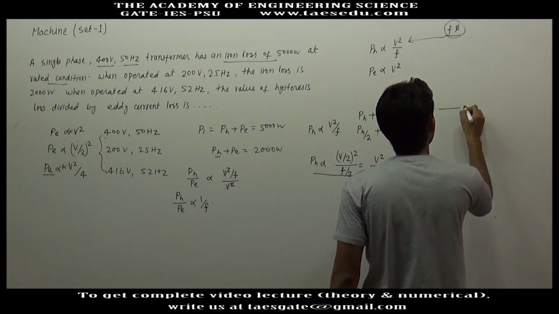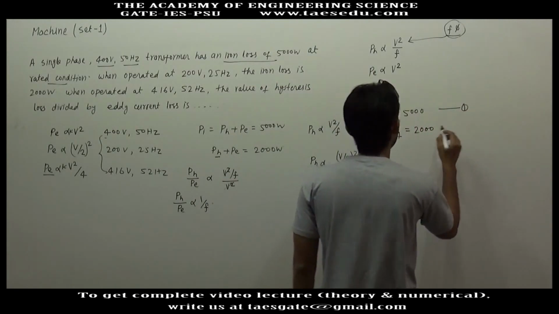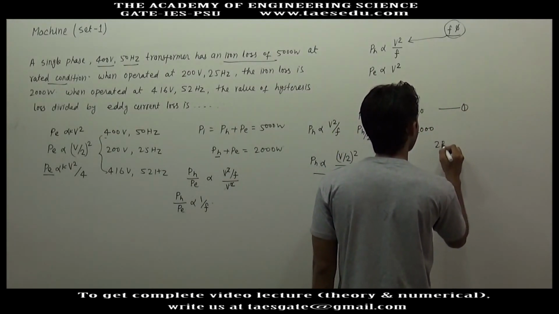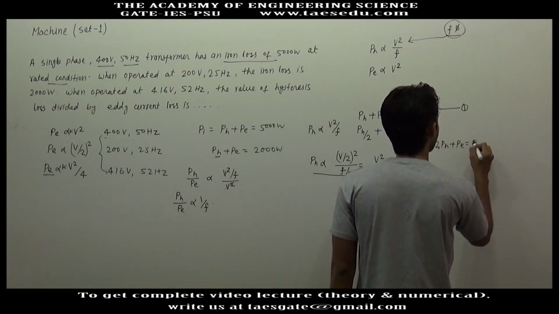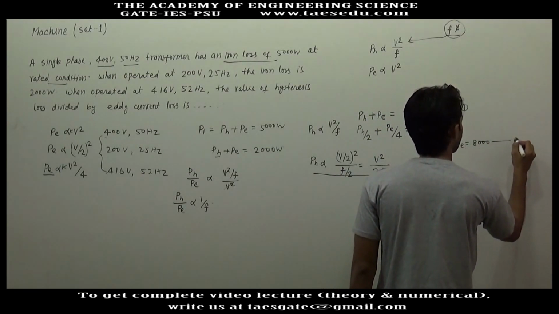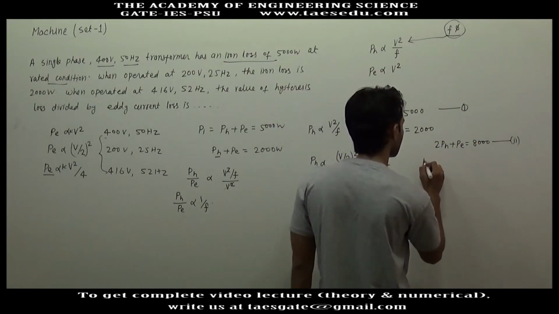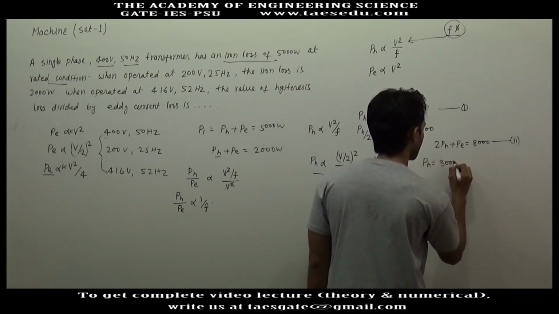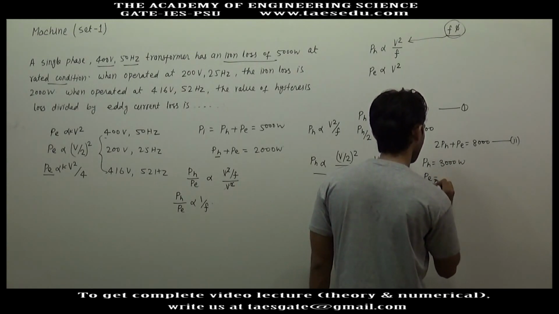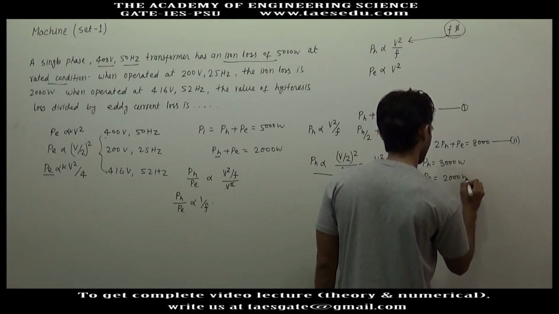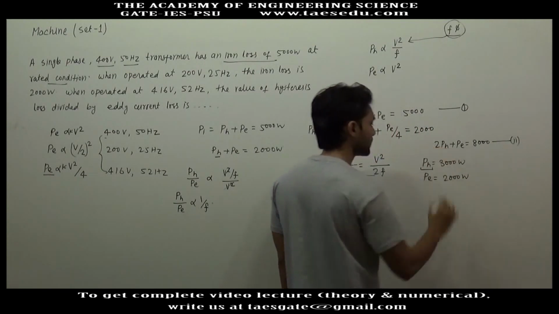This is equation 1, and if you solve it, you will get 2PH plus PE is equal to 8000. This is the second equation. If you solve these two equations, you will get PH equal to 3000 watt and PE equal to 2000 watt.